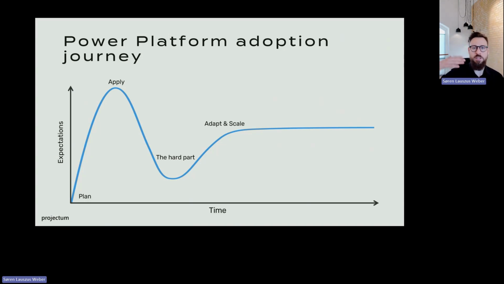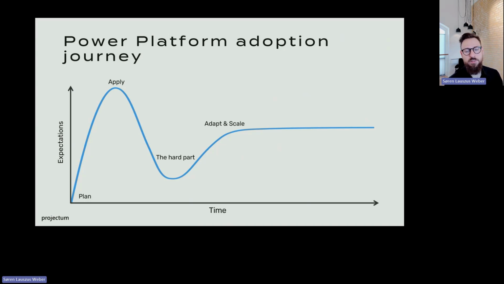And when we're talking about the long run, being able to use this to level up in the organization, you will find this dip again, because no matter what, you will always find that what you expected in terms of your processes might not always be real, or might not be applicable. There are tons of different challenges that arise. So the hard part is not to give up or throw everything out, but to admit that you need to start somewhere, and then you need to adapt and scale.